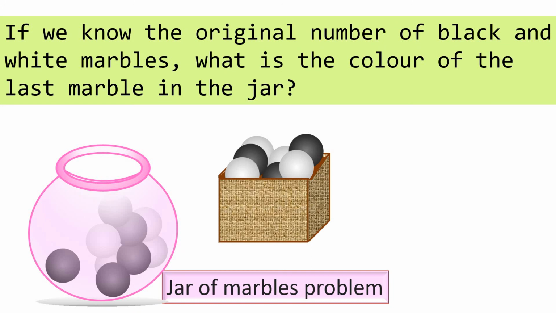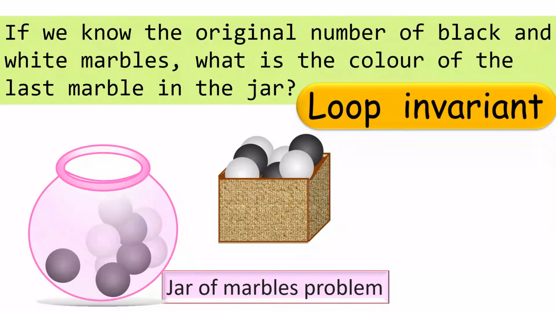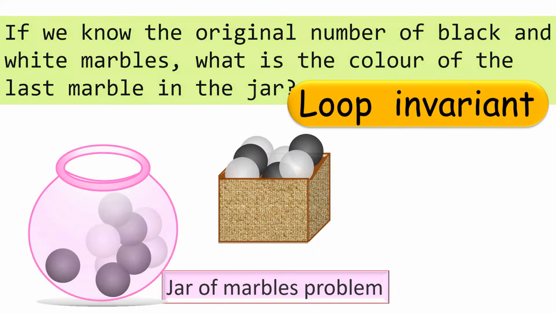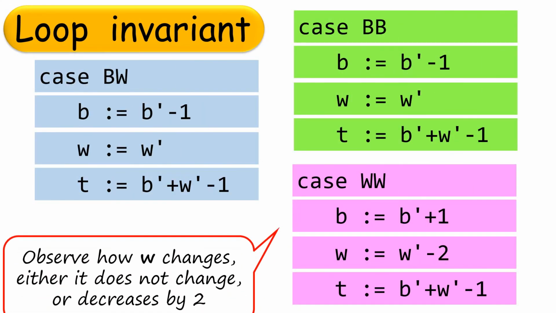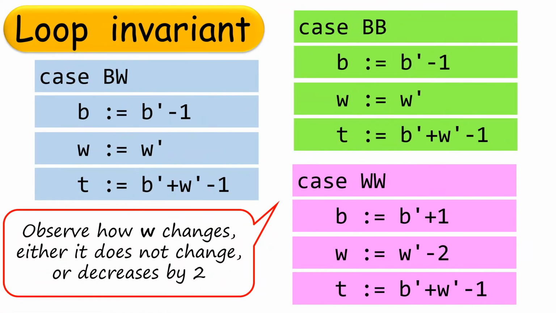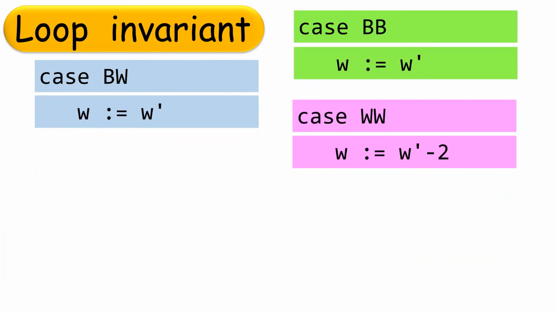I can easily solve this problem by loop invariant. Once again, look at all the 3 cases. Observe how W changes. Either it does not change or decreases by 2. Observe here, in this case BW, it does not change. In BB also it does not change.